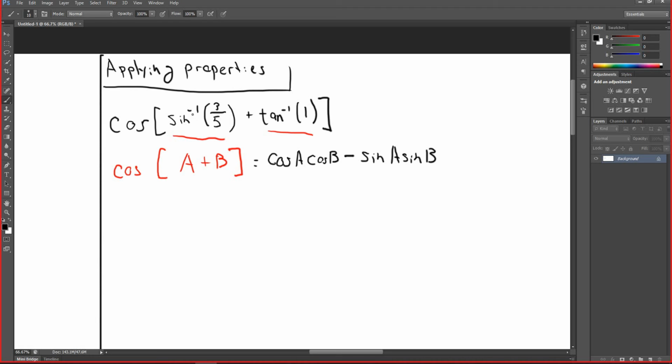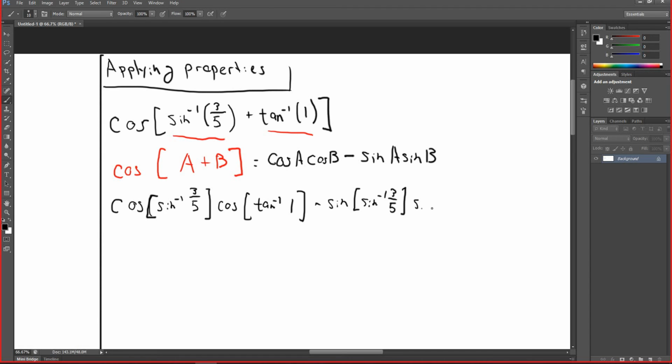I can now go back and just plug in my A's and B's. So it's going to be cosine of sine inverse 3/5 times cosine tan inverse of 1, minus sine inverse 3/5 and sine tangent inverse of 1.